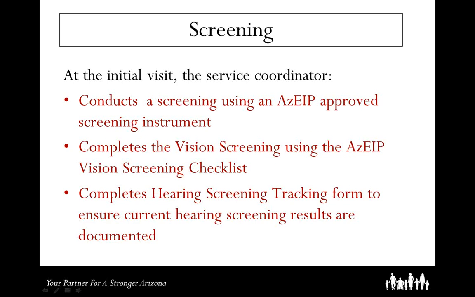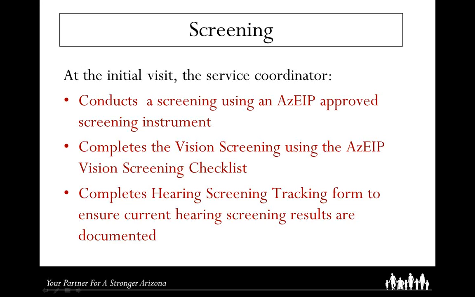At the initial visit, the service coordinator conducts a screening using an AZEIP-approved screening instrument. They complete the vision screening using the AZEIP Vision Screening Checklist. Complete the hearing screening tracking form to ensure current hearing screening results are documented.